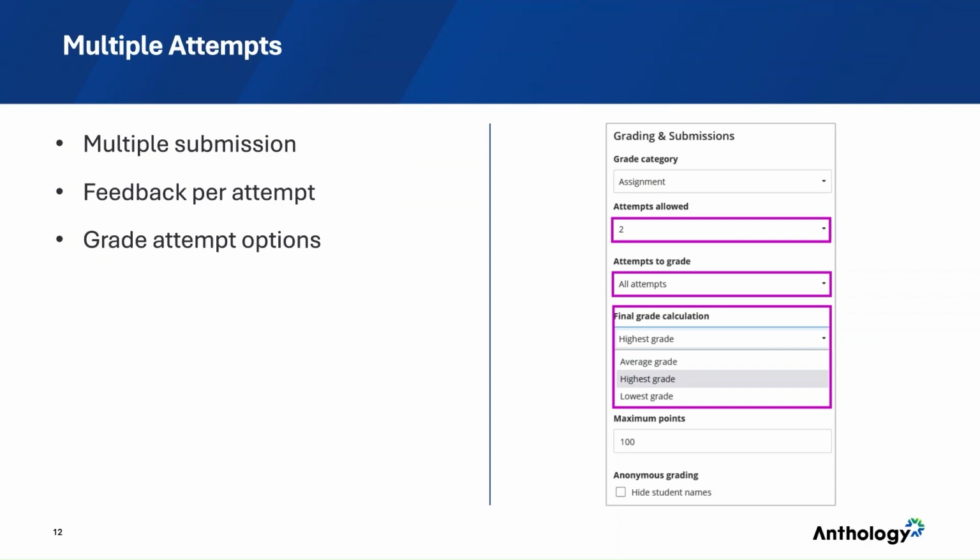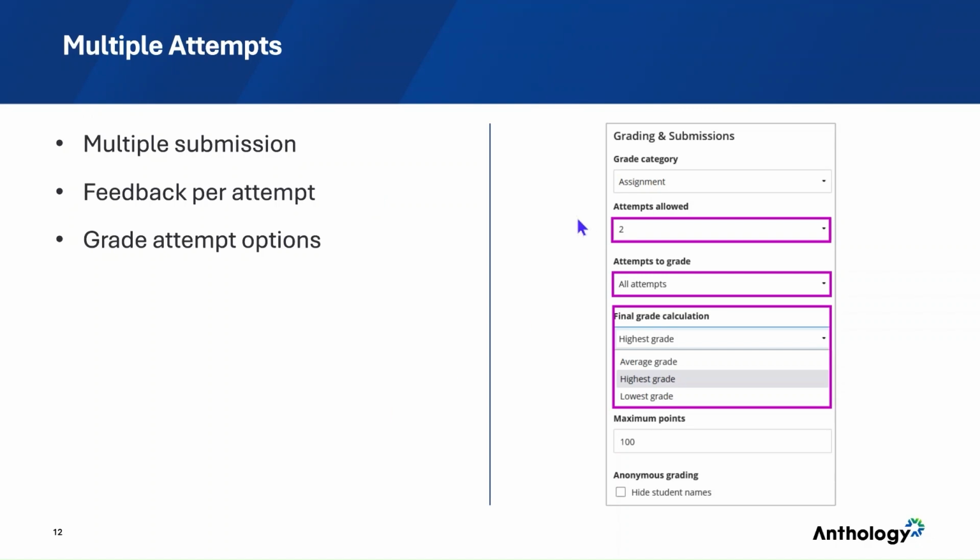For learners, it is good for them to know that they have multiple attempts on a specific assessment. They will be able to see that when they start one, but it is important for you to clarify that in the expectations and grading policies for specific attempts. Those are defined when you are creating the assignment.